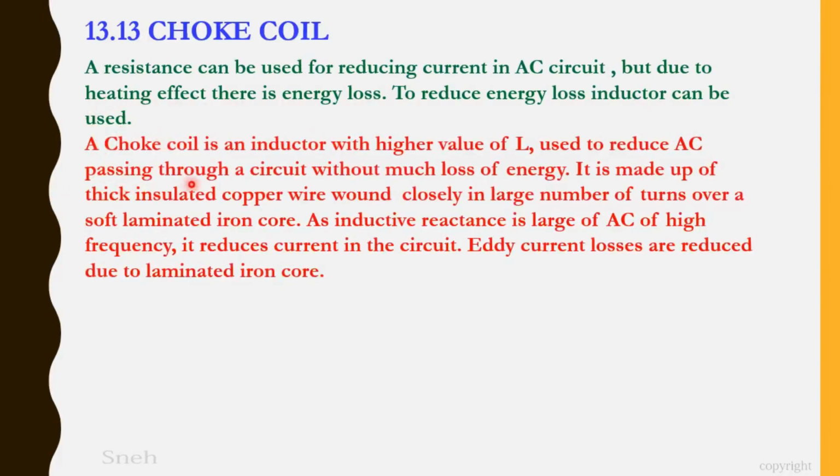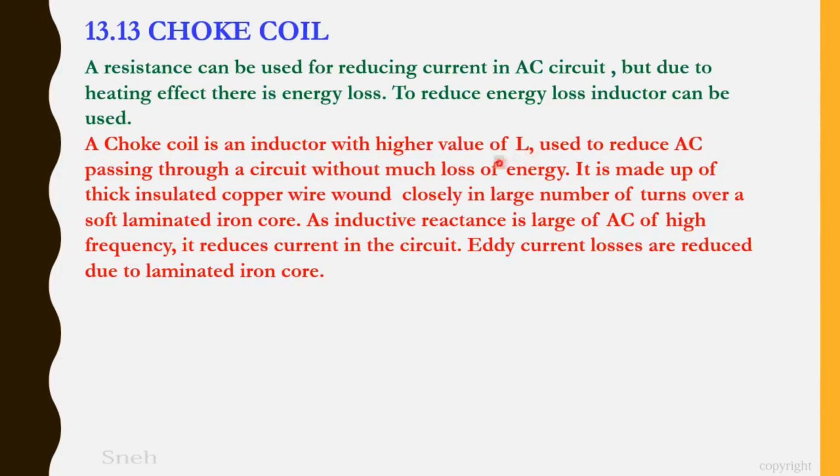Now what is this choke coil? A choke coil is an inductor with a higher value of L. Is it any inductor we are using? No, it is an inductor whose value is higher. Why higher? Because inductive reactance is given by omega L, and as the value of L is larger, the reactance is also larger, meaning the opposition to current is also larger.